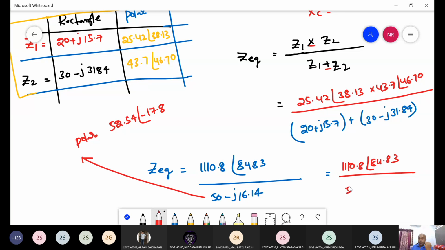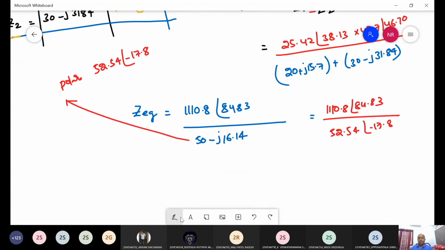So again 52.54 angle minus 17.89. Then now divide it. Finally Z is equal to, do that.